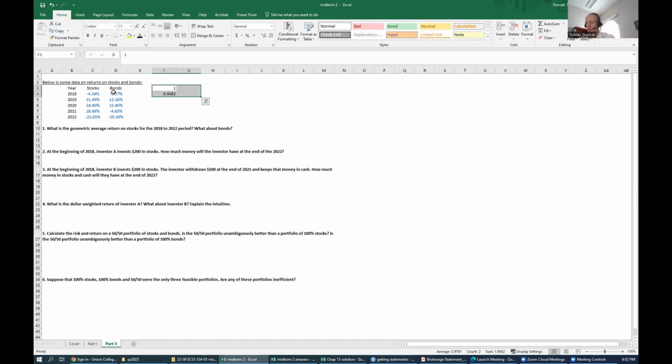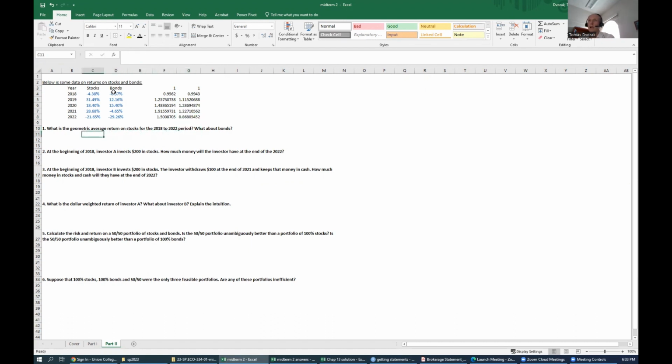So Control R here, and then Control D over here. So if we start with $1 worth of stocks, we would then end with $1.50 worth of stocks, and with bonds we would actually have less than $1.